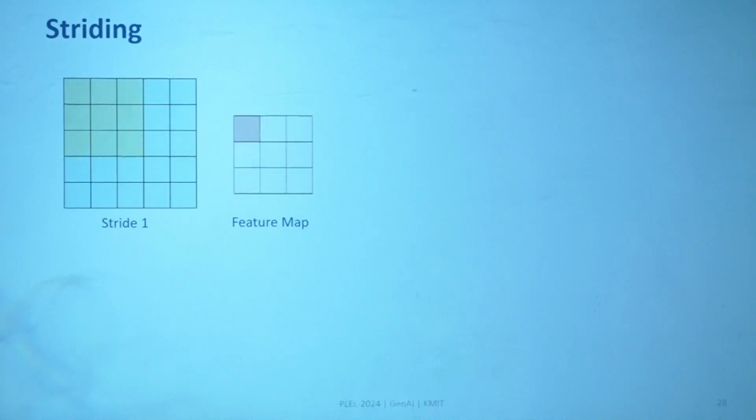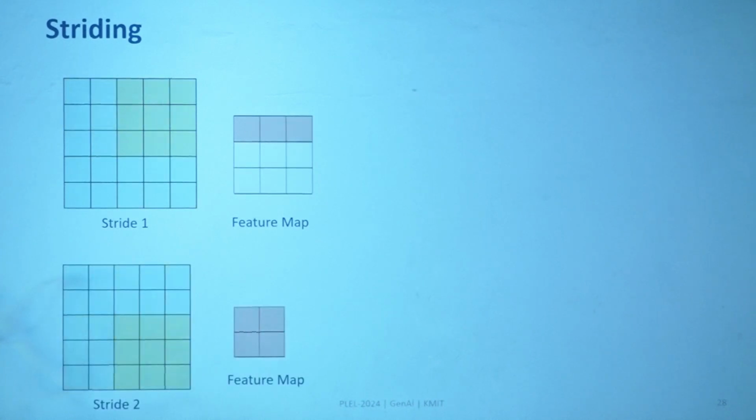Let us see how this striding is happening. This is the normal striding when you choose the value equal to 1. If I choose stride equal to 2, it is shifting 2 positions, both vertically and horizontally. Understood? When you are performing the convolution along with the striding, it is called strided convolution.